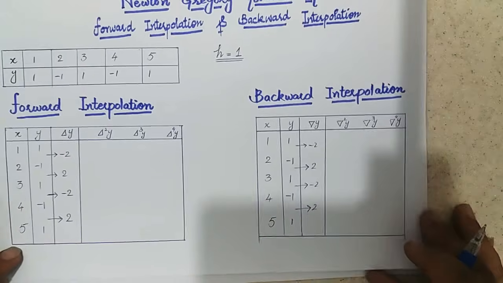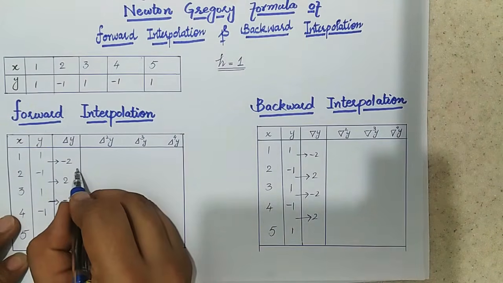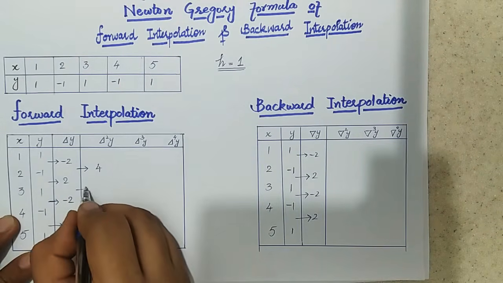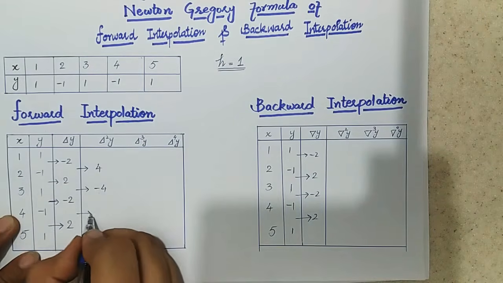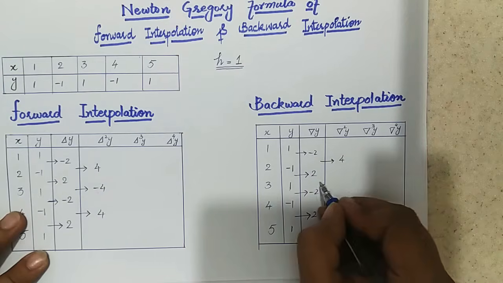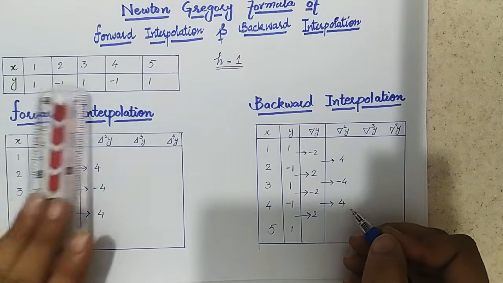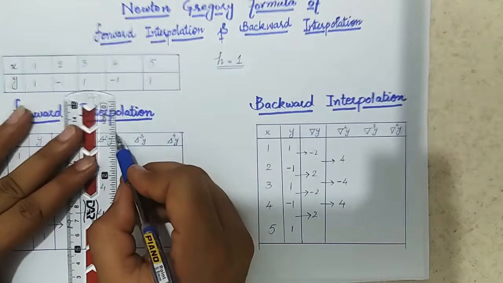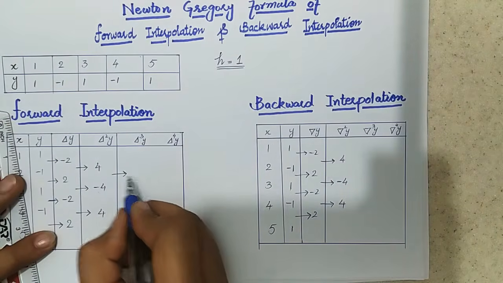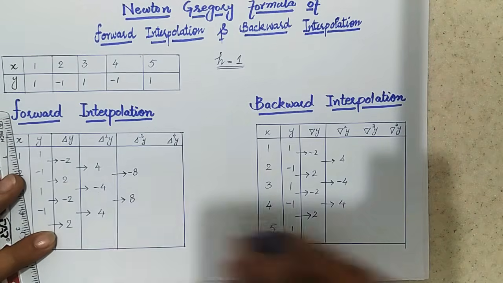Now for the second difference column, 2 minus minus 2 will be 4, then minus 4, and for these two values we get 4. Similarly here it will be 4, minus 4 and 4. This was the second difference column. The third difference column will be minus 4, then 8, minus 8, and here plus 8.